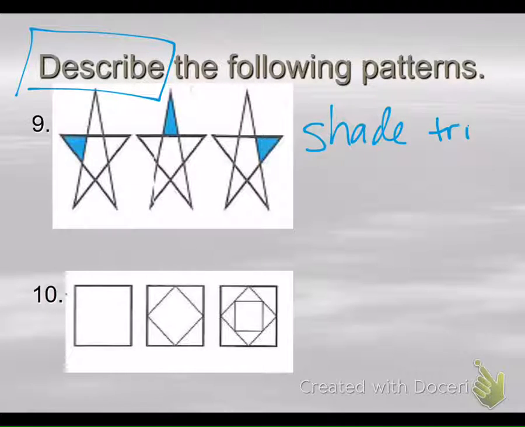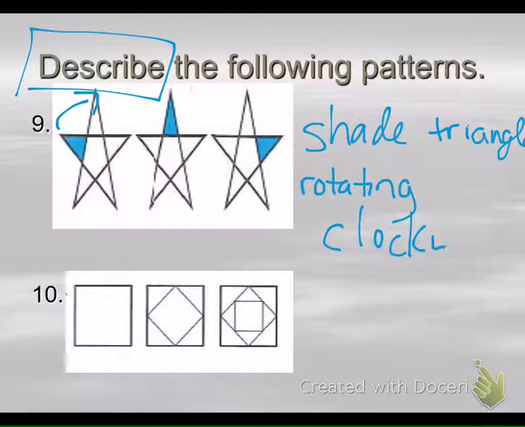Let's say triangle because we're in geometry class. Shaded triangle, rotating, counterclockwise or regular? This is a regular clock. It goes in the direction of a clock. So clockwise. Good. Everyone agree on that?